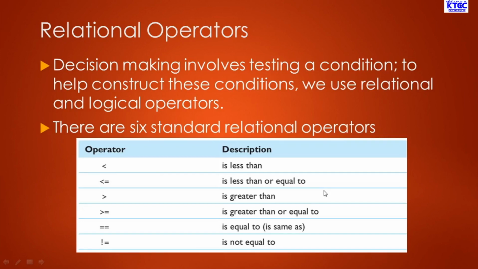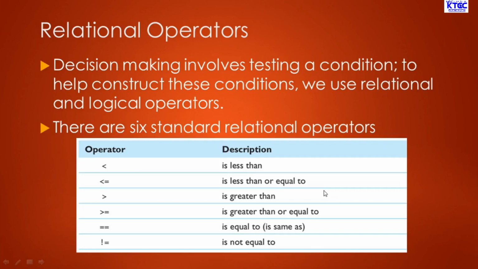Decision making involves testing a condition. To help construct these conditions, we use relational operators. There are six standard relational operators we have in programming. Basically, we use them in our decision making, and they are very helpful.